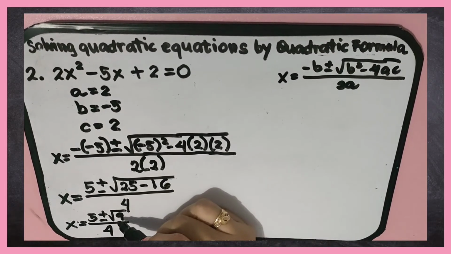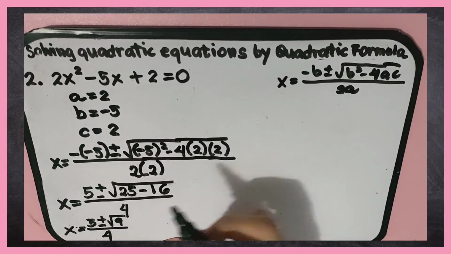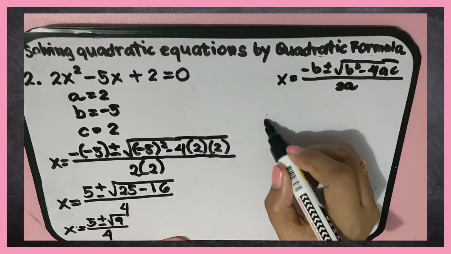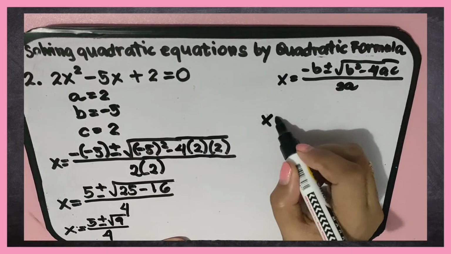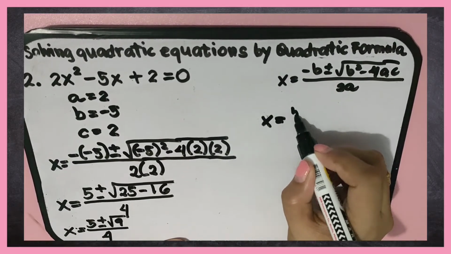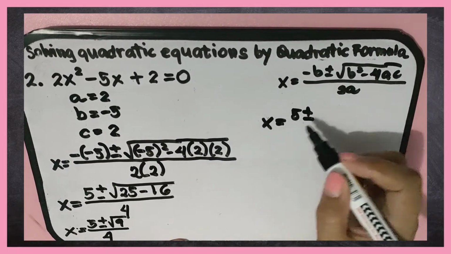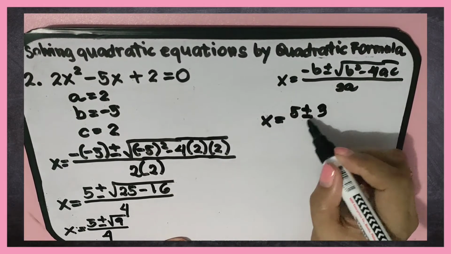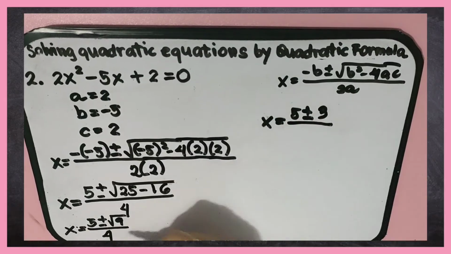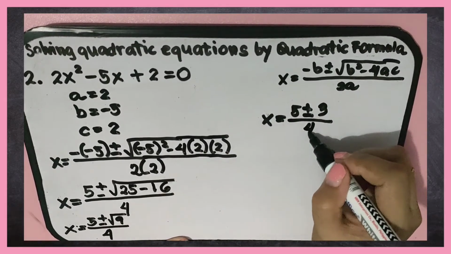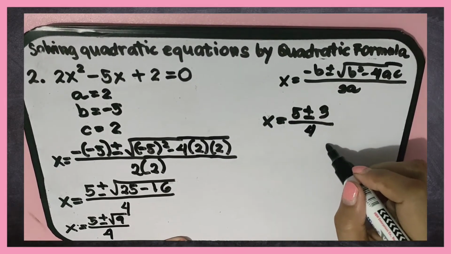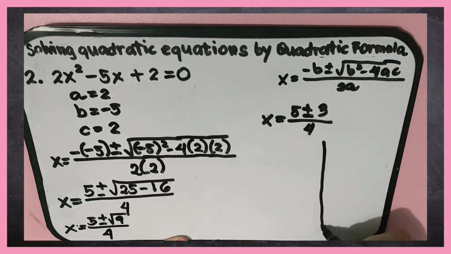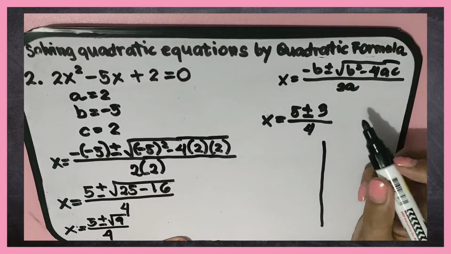Then, we will get the value of square root of 9. Let us continue here. So, we have x equals 5, positive, negative, then get the value of square root of 9, and that is 3. All over, we write 4. Then, of course, after that, we will separate the 2, because we have 2 solutions.